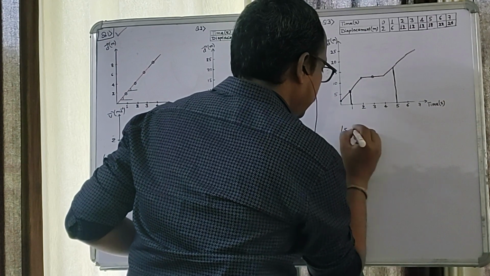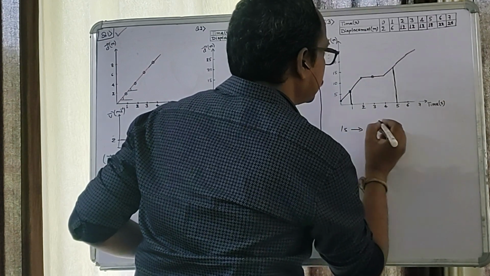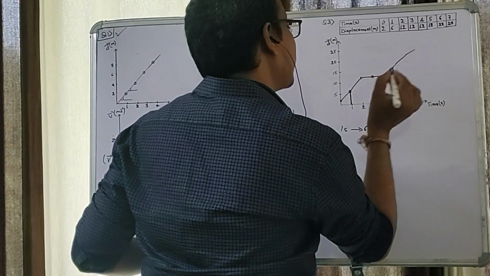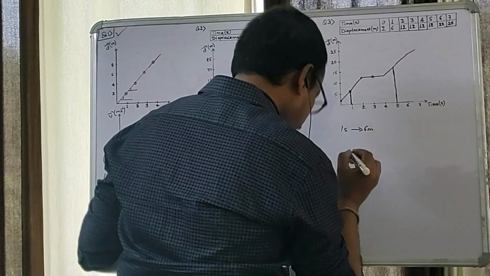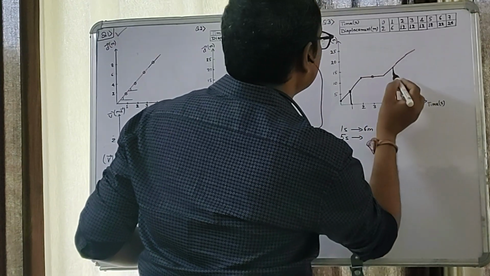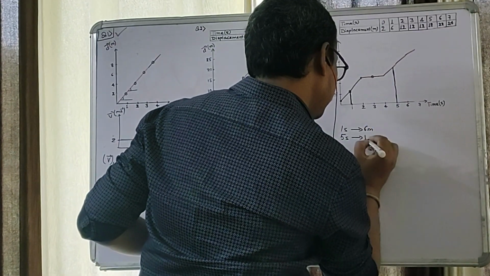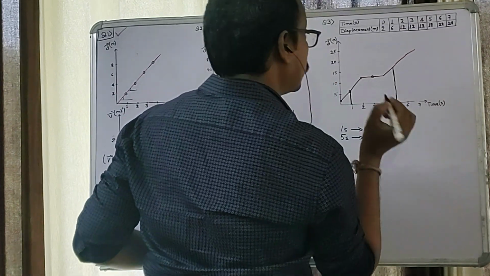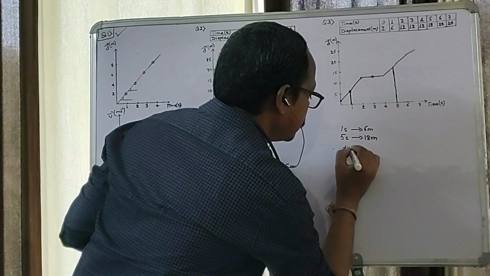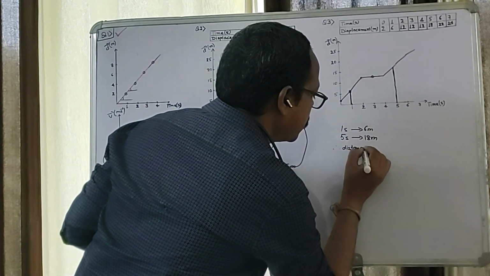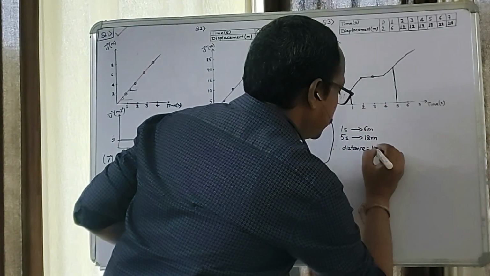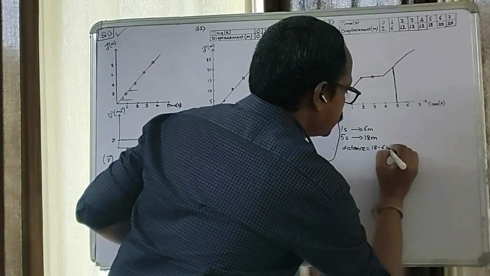At the completion of 5 seconds, it made a displacement of 18 meter, right? So what is the distance covered? It is 18 minus 6, 12 meter.